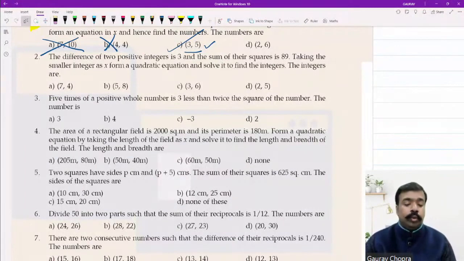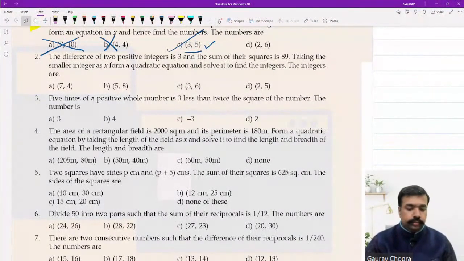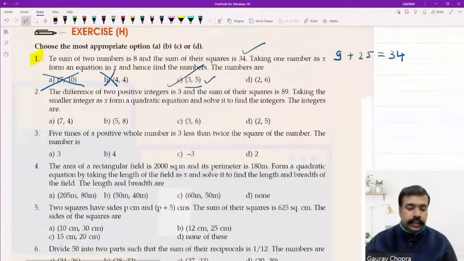So simply we have to find the integers. So let's check which one is correct.